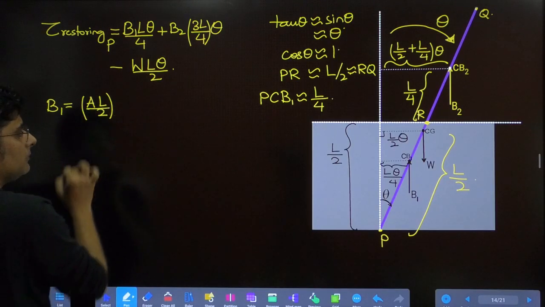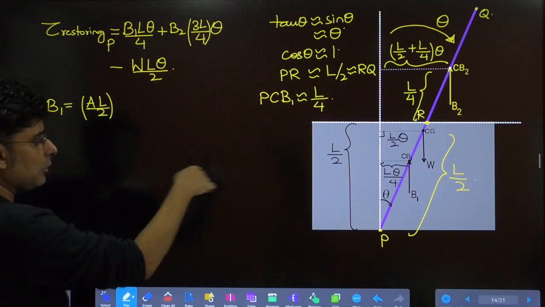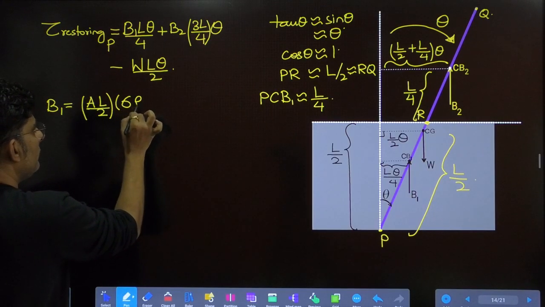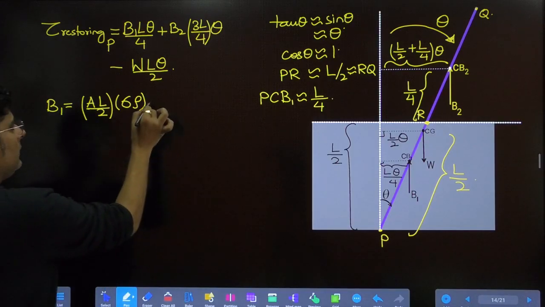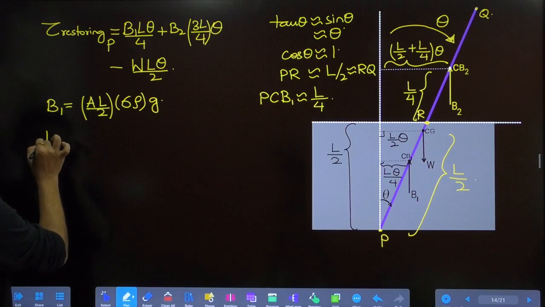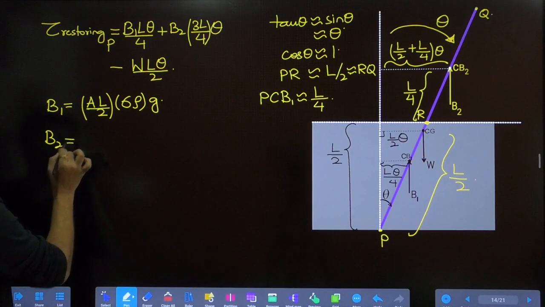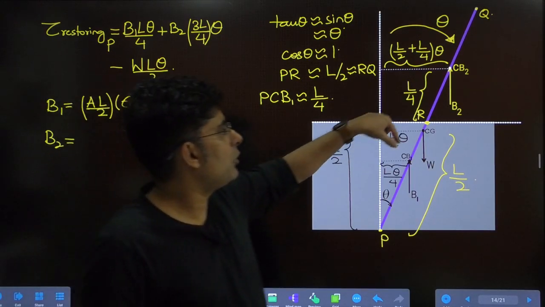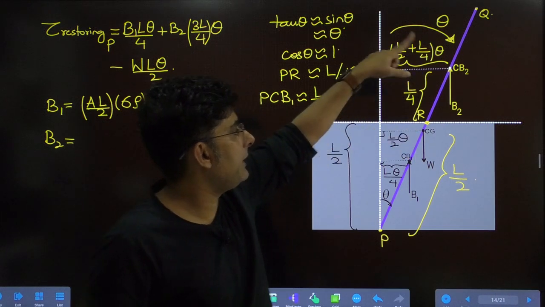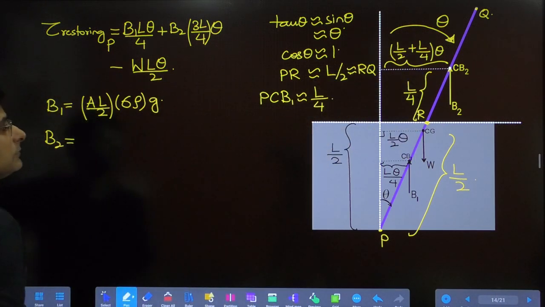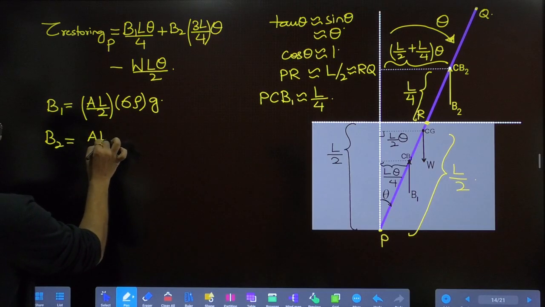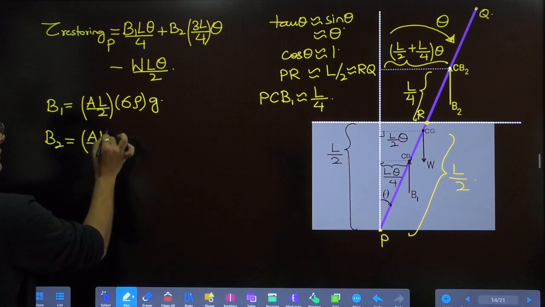This is volume, into density of the lower liquid, which is given in the question as 6 rho, into G. If you see B2, buoyant force exerted by the second liquid, for this volume inside, we have A L by 2.